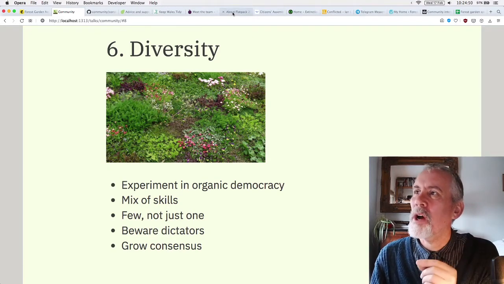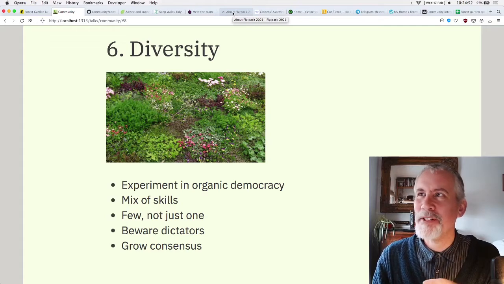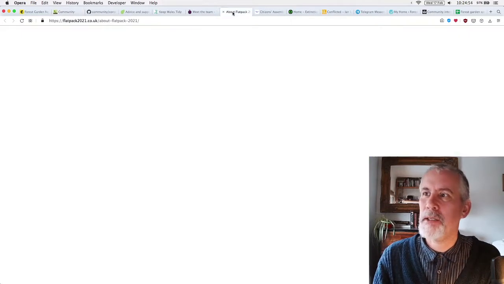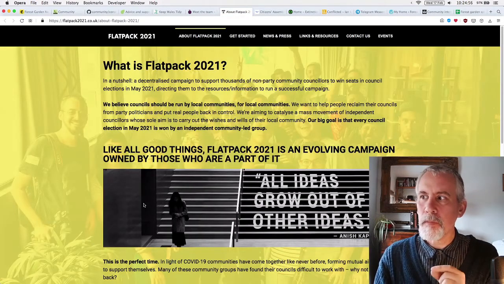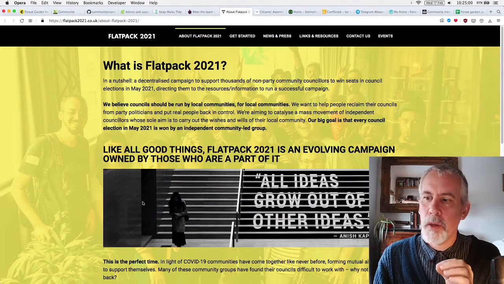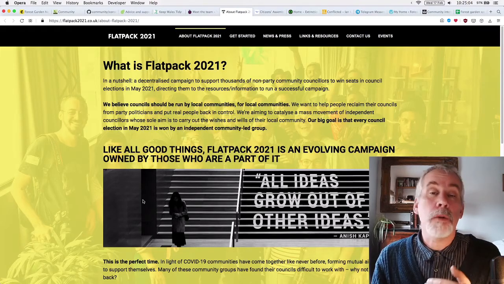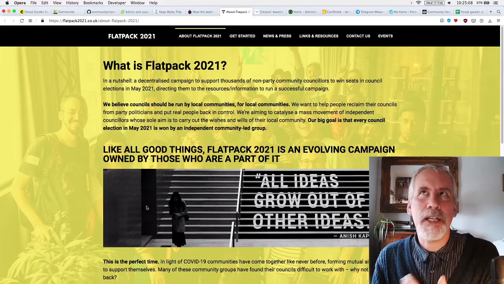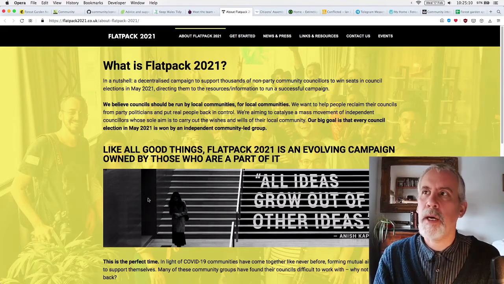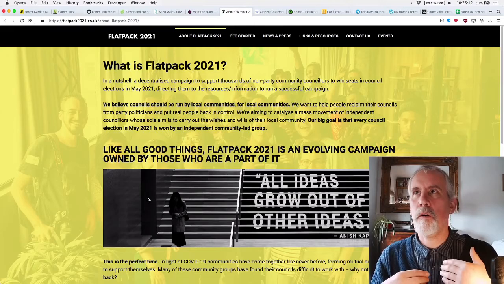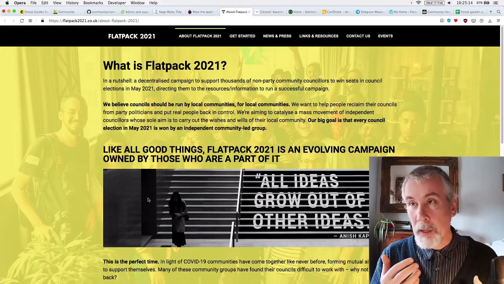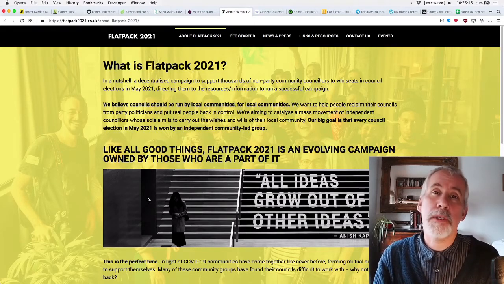So on that note about local democracy, there's a very interesting project called Flatpack 2021, and I do think this is a project to use the local council elections as a platform for local democracy. And it's apolitical. It's not a specific political party, but I'm thinking in terms of local action on climate change.